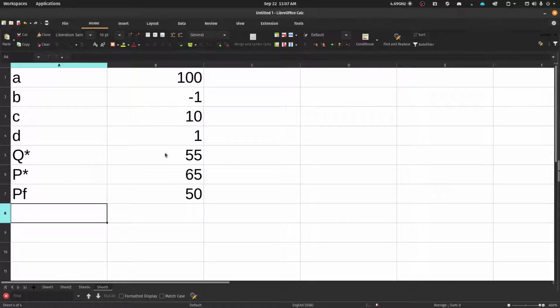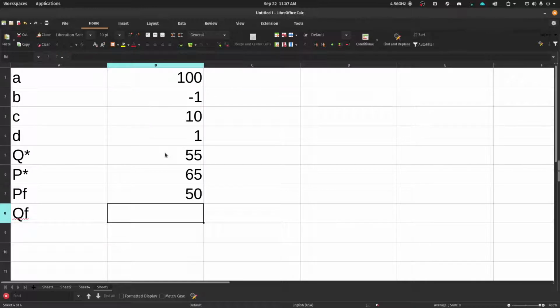Then we want to know what is our quantity given that price floor. The relevant point is going to be the demand curve. So that will be A plus B times our price floor. There is our quantity.